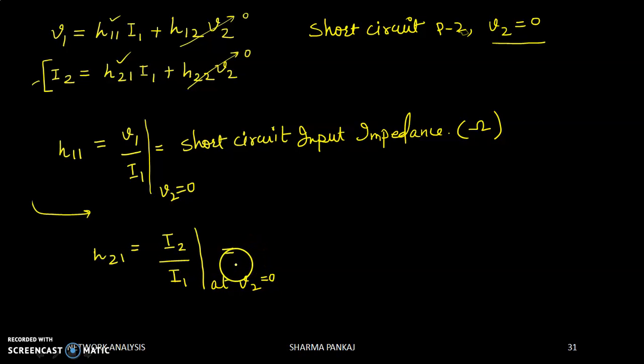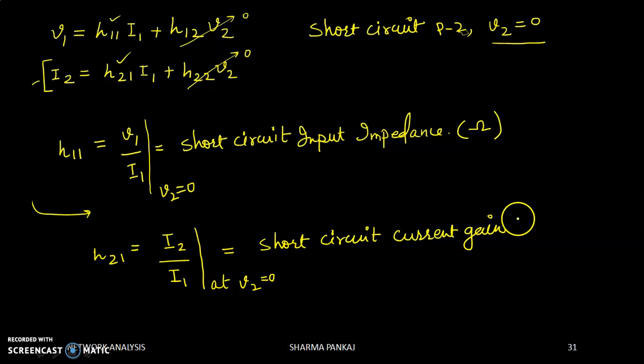What is current gain? This is output current with respect to input current. So it is current gain. Short circuit current gain, which is unitless.